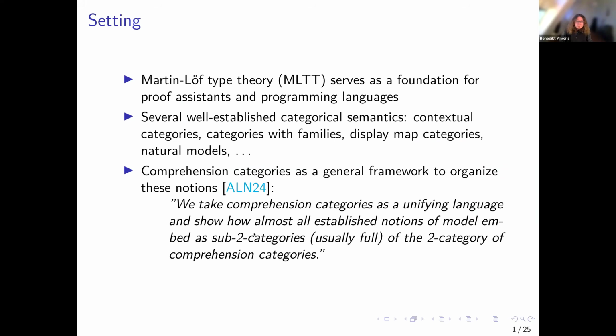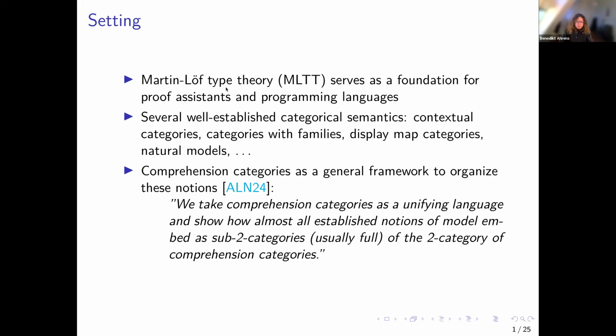What's the setting for this talk? The starting point for this talk is Martin-Löf type theory, which, as we all know in this community, can serve as a foundation for proof assistants and programming languages.